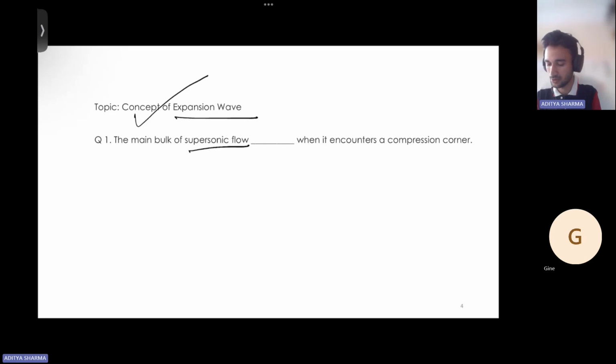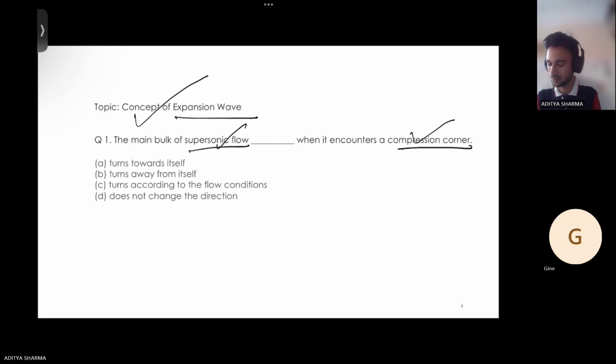One is that the flow is supersonic, and then there is this compression corner. These two terms are important. Let's see the options.